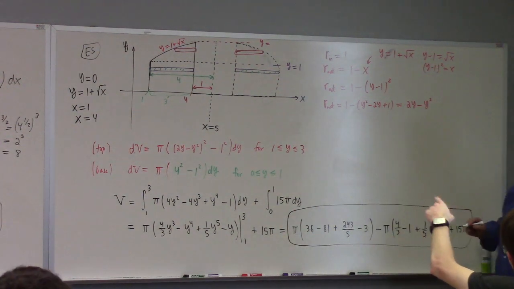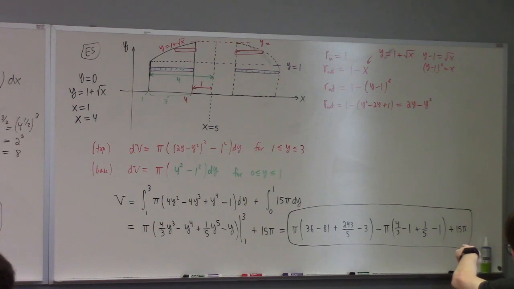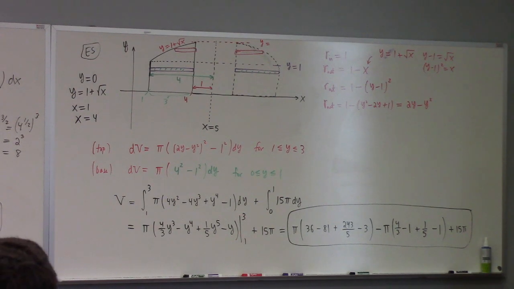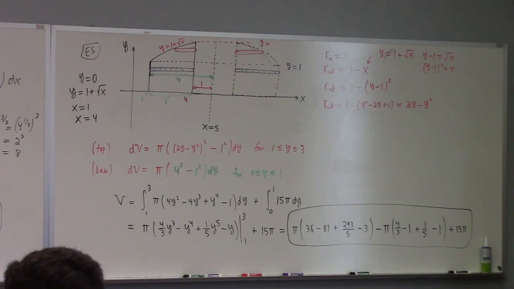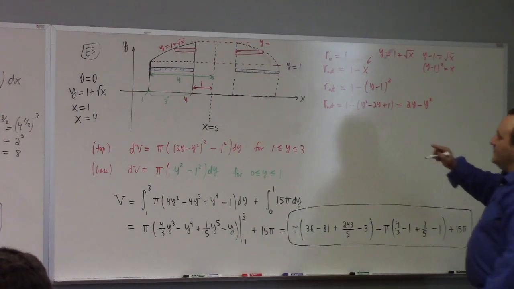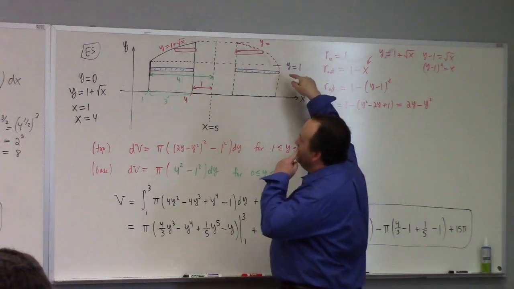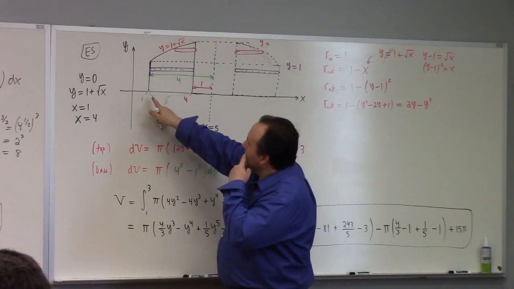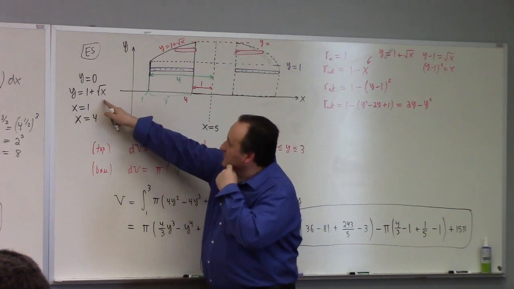So what's the question? Yeah. Isn't our bound for the square area supposed to be equal to 30 pi? Because isn't the starting height equal to y equals 2? Because when x is 1, which is the start of our bounds, y is, oh, yes, thank you. I've written y equals 1 here, but that's totally bogus, isn't it? Because when x equals 1, y equals what? 1 plus 1, which is 2.